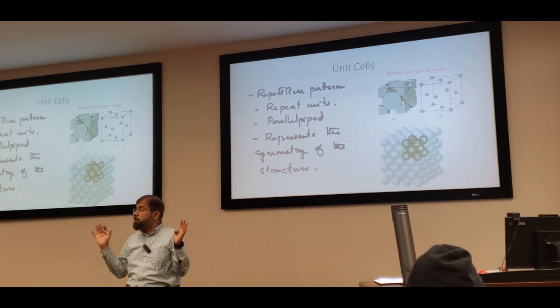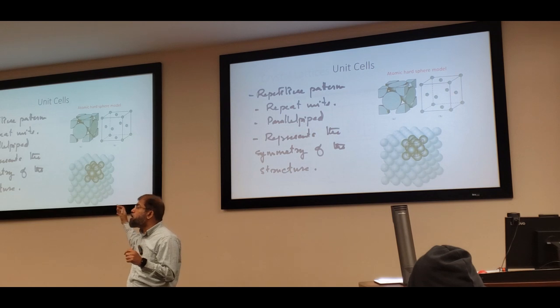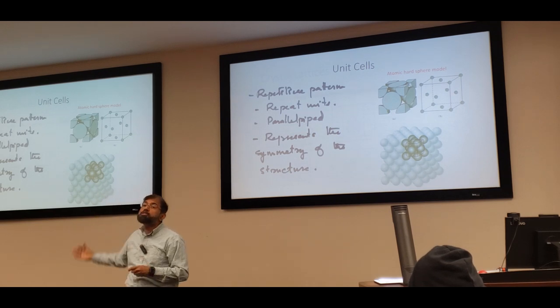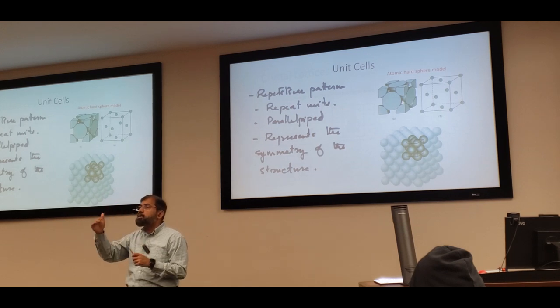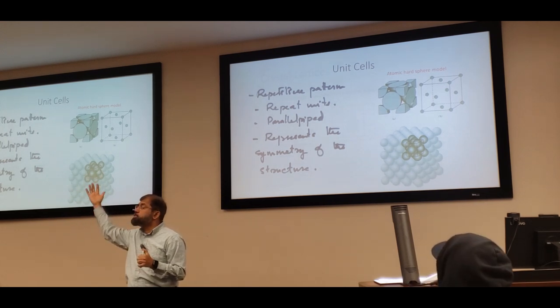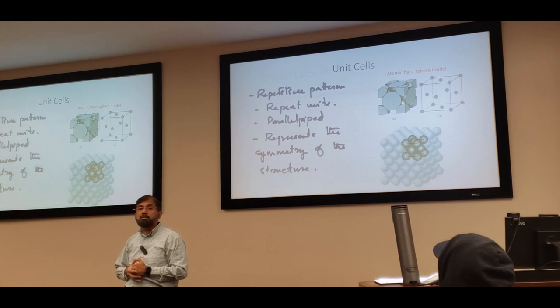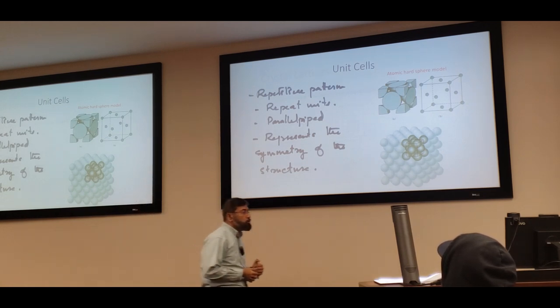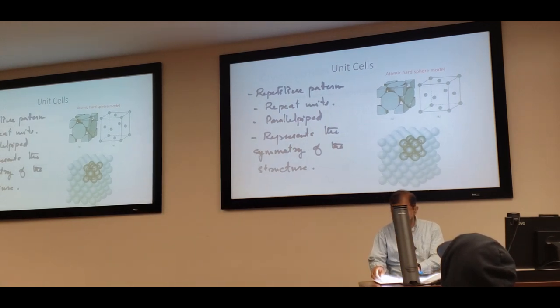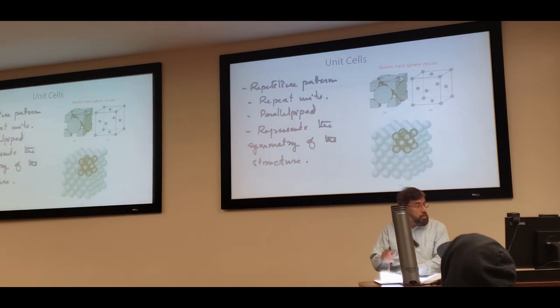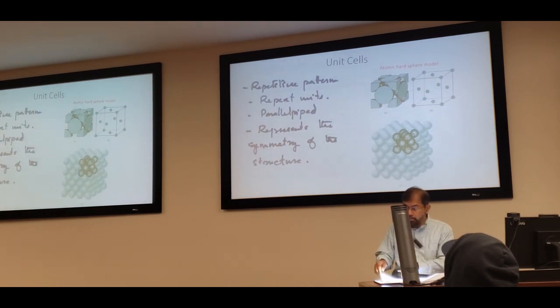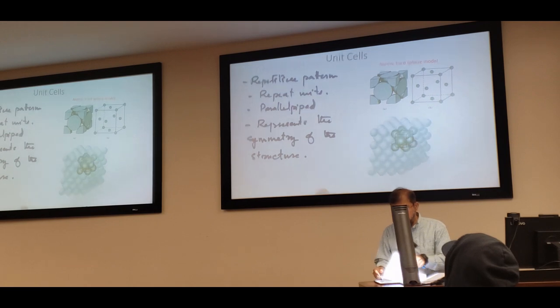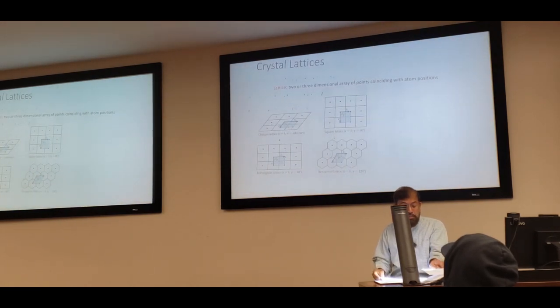So the unit cell is very important. Now we are going to talk in terms of these unit cells. Remember, this is the repetitive pattern you can see in your material. That is a unit cell. So don't worry about it. You will see a video where you can clearly see how this repetitive pattern can be assigned.